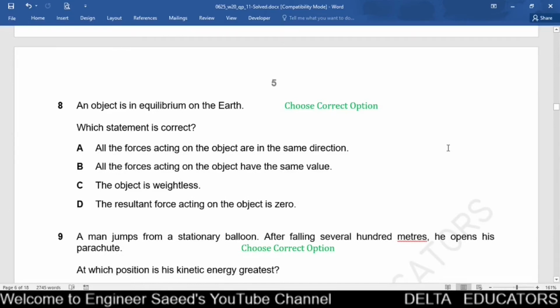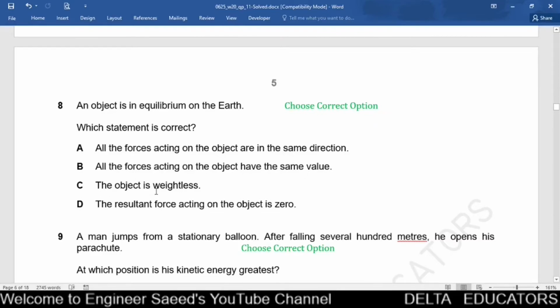Question number 8. An object is in equilibrium on the earth. Which statement is correct? What is meant by equilibrium? Equilibrium means the sum of all the forces acting on an object is zero. Now we check the options. Option A. All the forces acting on the object are in the same direction. B. All the forces acting on the object have the same value.